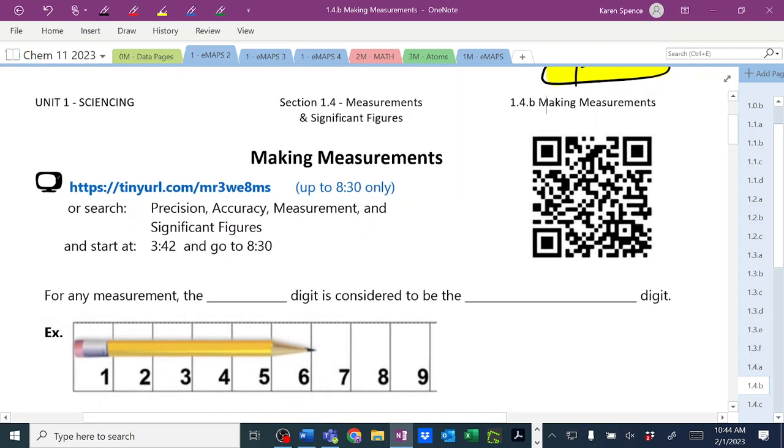So for any measurement, the final digit is considered to be the estimated or uncertain digit.